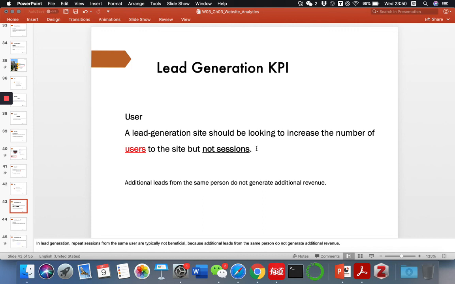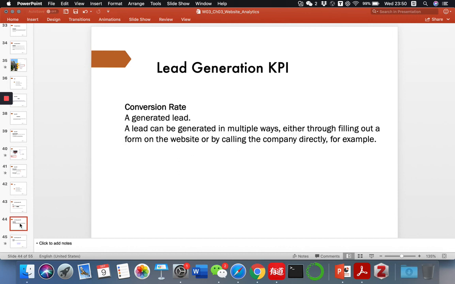Okay, is this clear? I believe you will understand what I'm saying, right? So here it says additional leads from the same person do not generate additional revenue. Just the same as I put it a minute ago. Conversion rate.